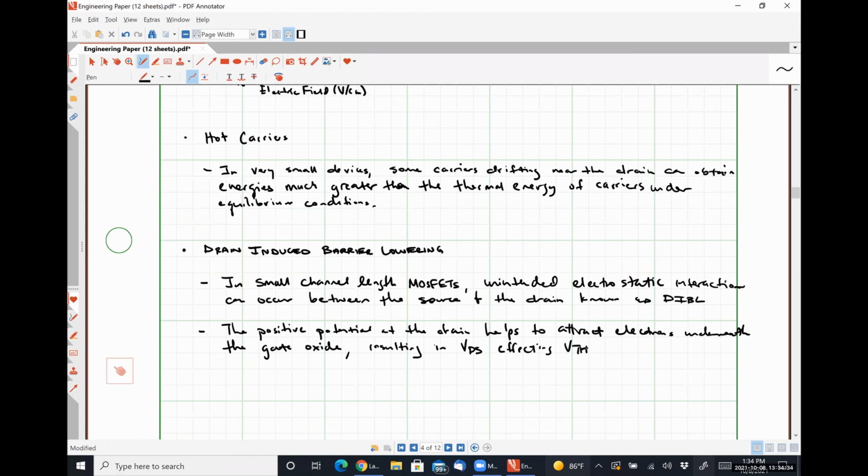So effectively, what has happened is that as our technology nodes get smaller and smaller, the size of the signals that we can apply to our system has also gotten smaller and smaller, right?